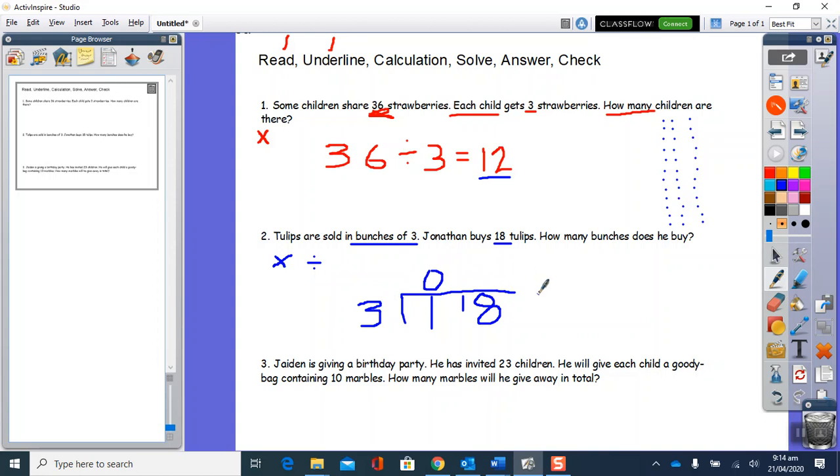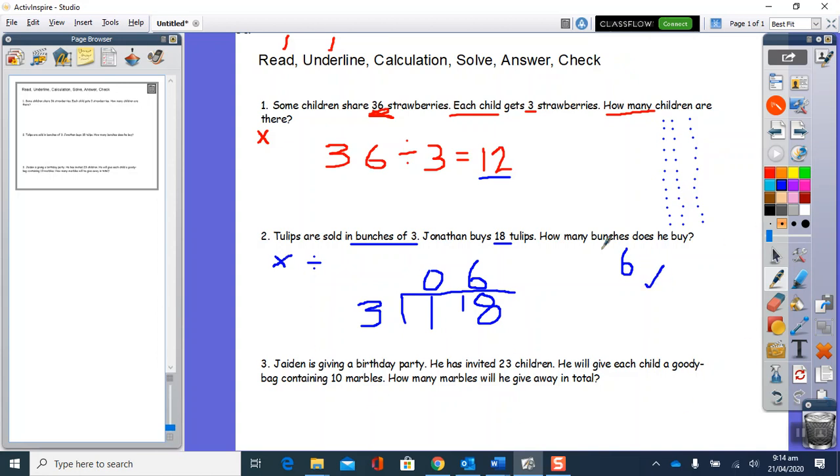Oh, in fact, let me use my times tables. I know that 3 times 6 is 18. So there we go. He buys 6 bunches altogether. So I've done my calculation, I've done my solving, done my answer. I am going to check it now by counting up in my 3's until I get to 18. 3, 6, 9, 12, 15, 18. That's 6, so I was right. Good.